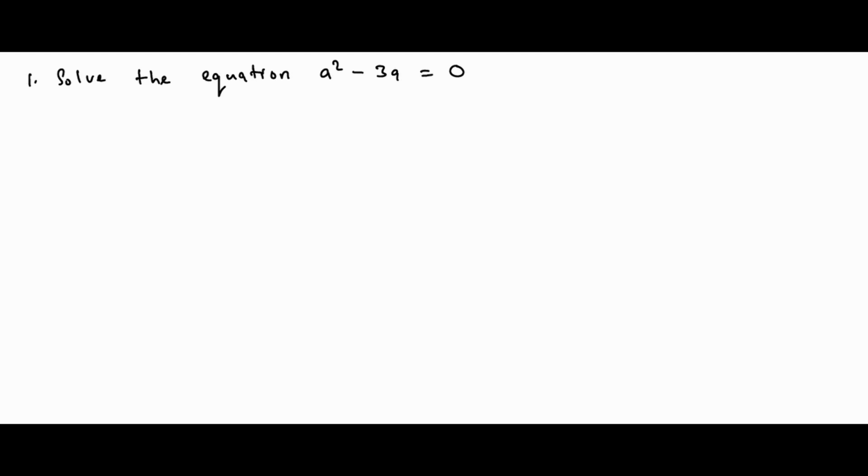Let us go back to our question. Solve the equation a squared minus 3a is equal to 0.